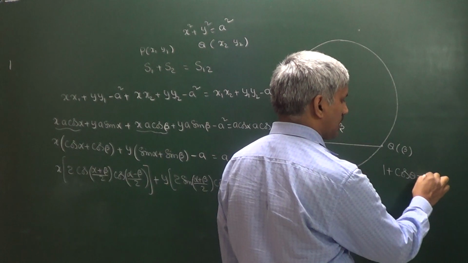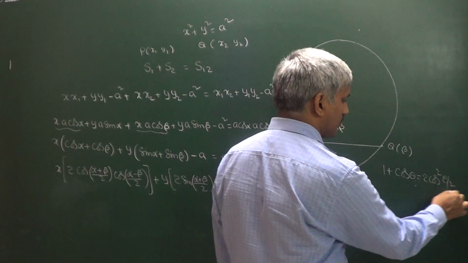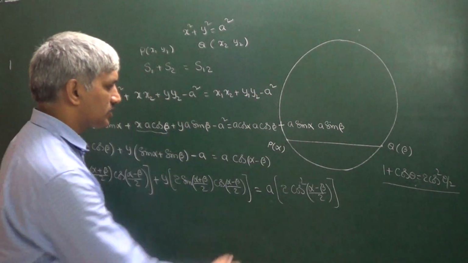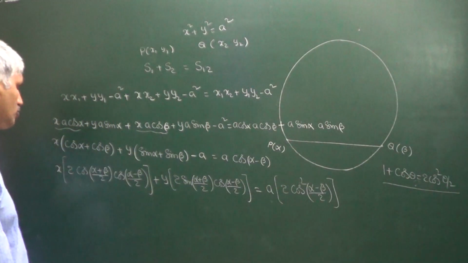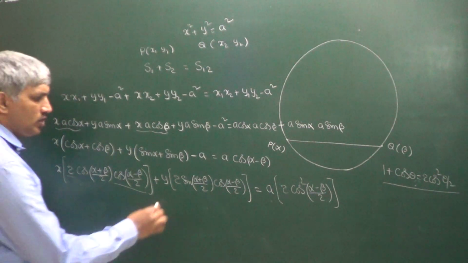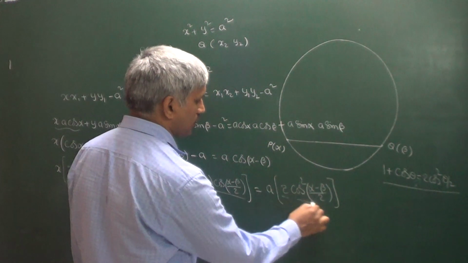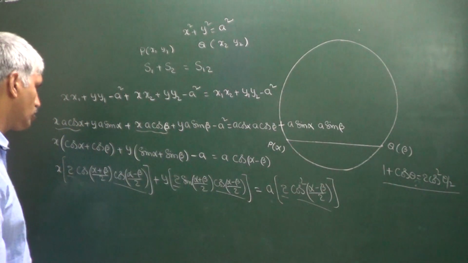1 plus cos theta is equal to 2 cos square theta by 2. That is the formula for 1 plus cos theta, and I applied that formula. Now you can see here also 2 times cos alpha minus beta by 2, here also, and here also, so they cancel.